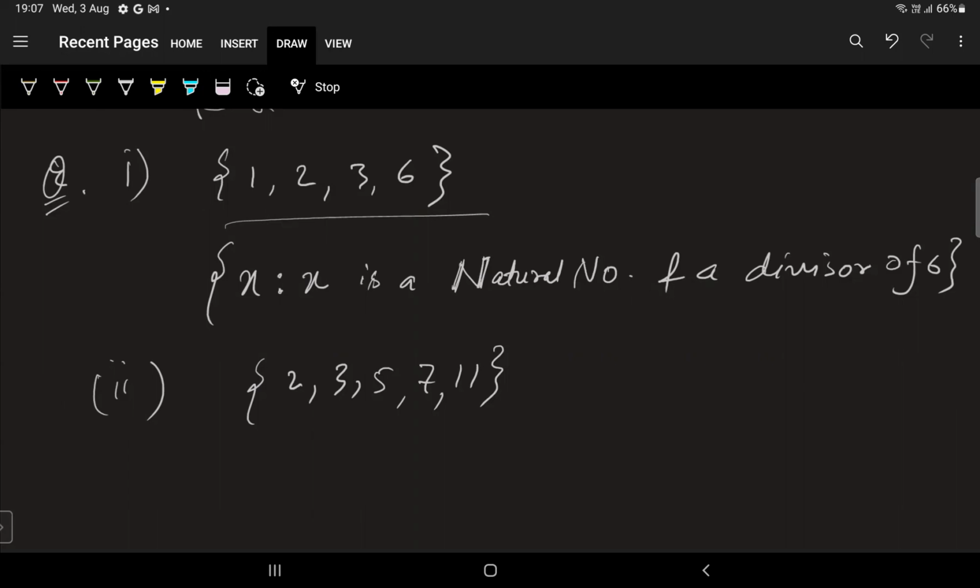Ashwin, how will you define this? These are prime numbers. Are you sure? So where is 1? Where is 1? 1 is also a prime number, no? Yes or no? Is 1 a prime number, yes or no? What's the definition of a prime number?